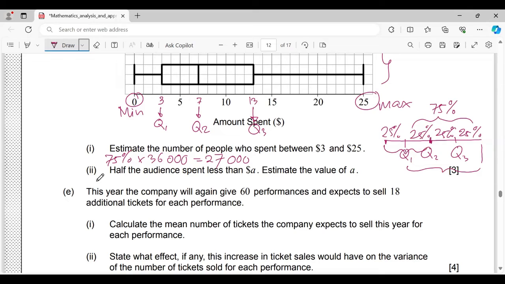So 50%, 0 to 7, 50% of 36,000 is 18,000. So this is happening on Q2. Q2 equals 7, so A equals 7.